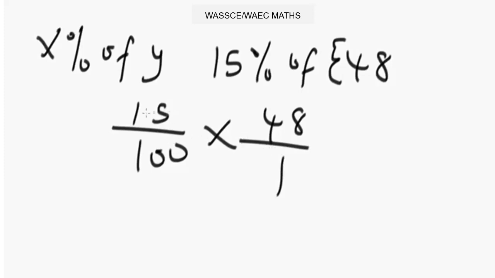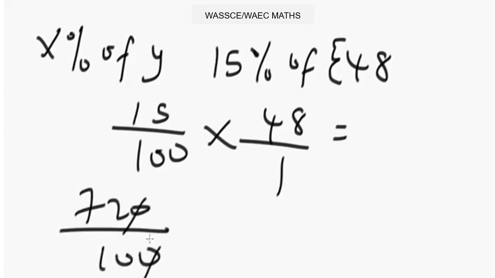When you punch this in a calculator, you'll get the answer, but let's break it down. 15 times 48 will give us 720, over 100. This will cancel this, so 72 divided by 10 will give us 7.2.